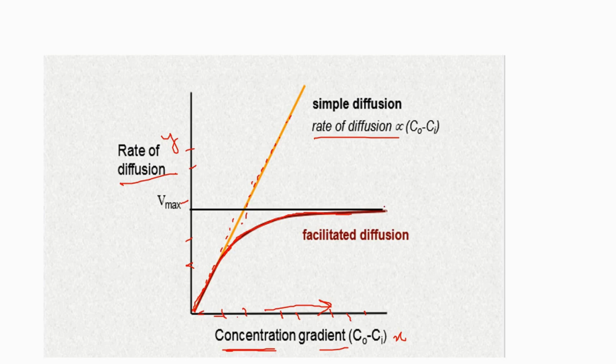The rate of diffusion becomes constant here. So this is called V max, the maximum attainable speed of diffusion as you increase the concentration gradient. So V max is the feature of facilitated diffusion.